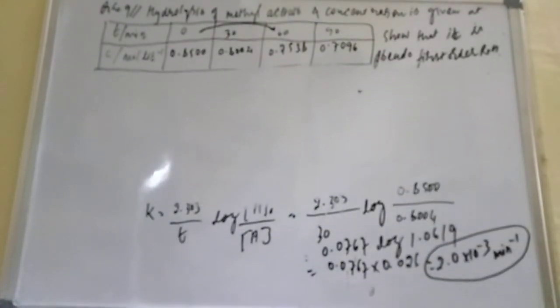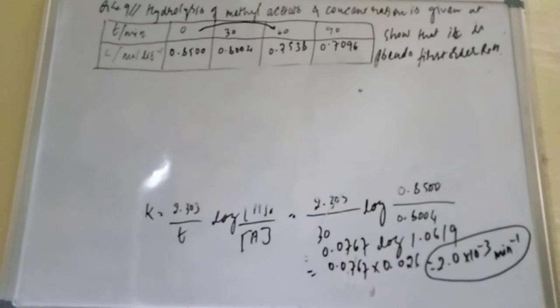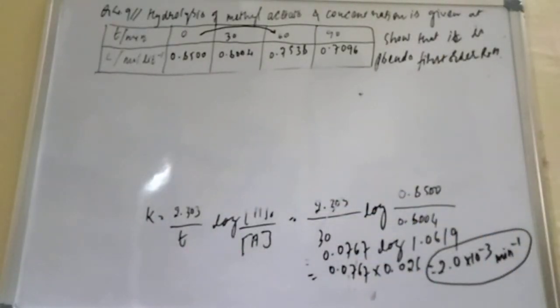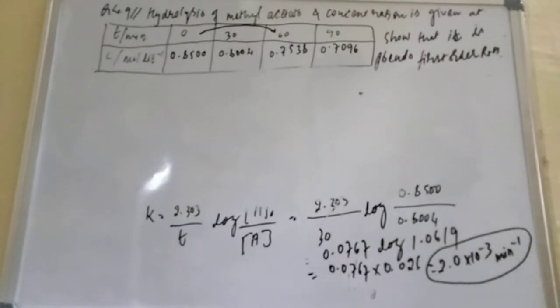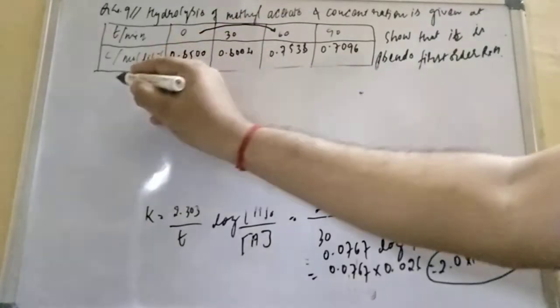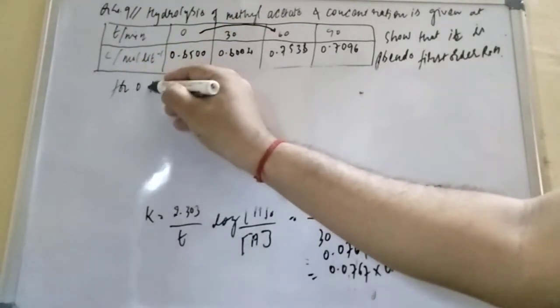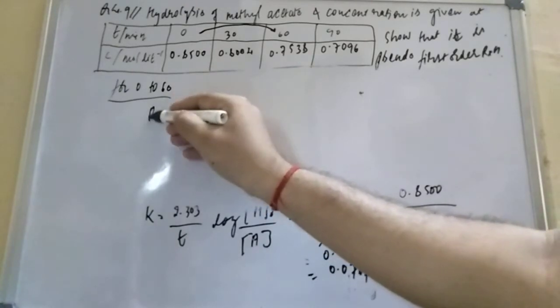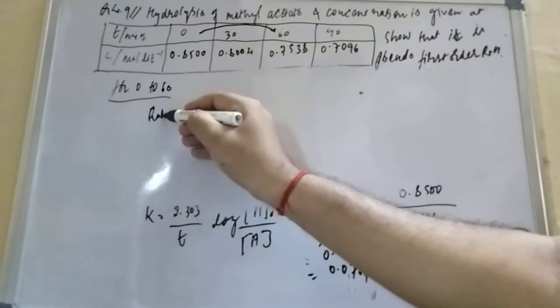So let us see that portion. So when you are going for that portion, student, how much value are you able to get? Let us see for the time interval 0 to 60. You can solve it easily. So what will the rate constant K be?